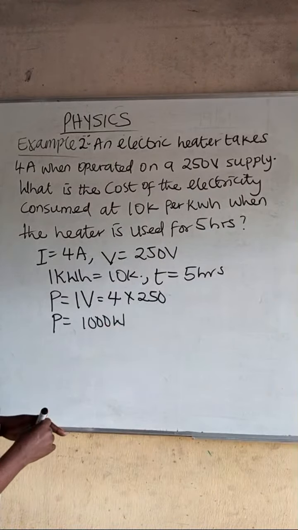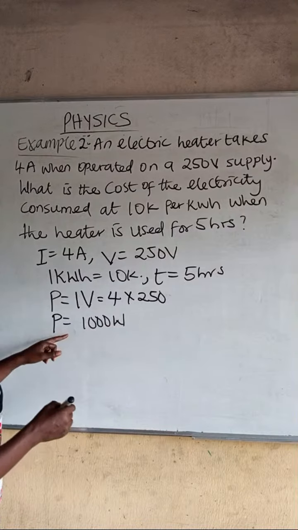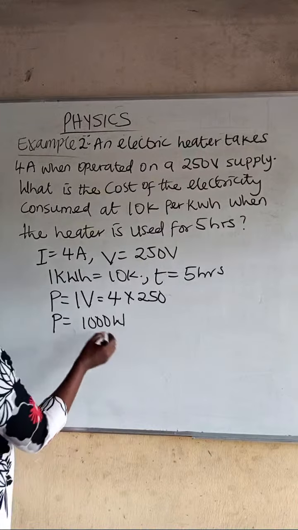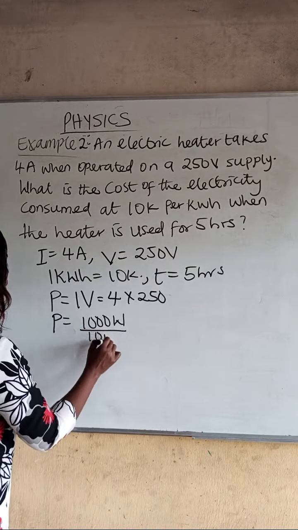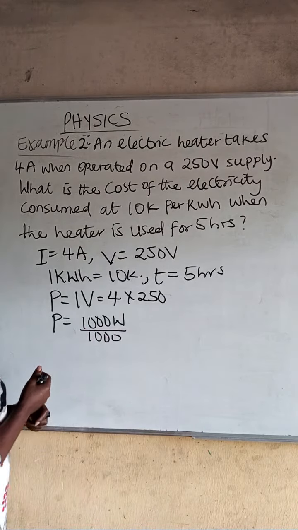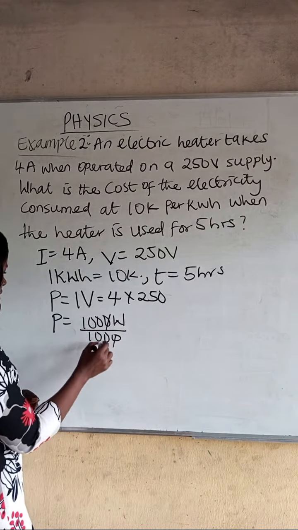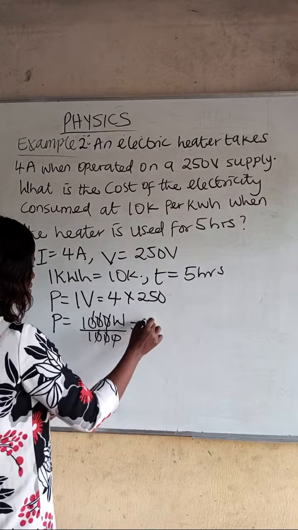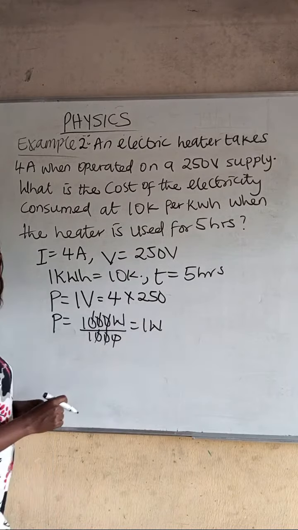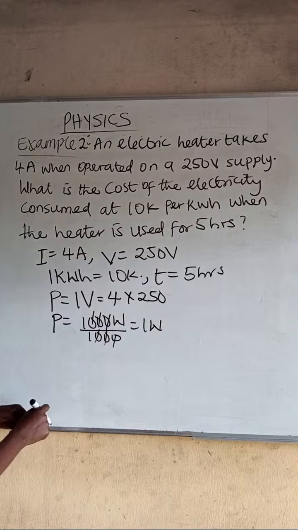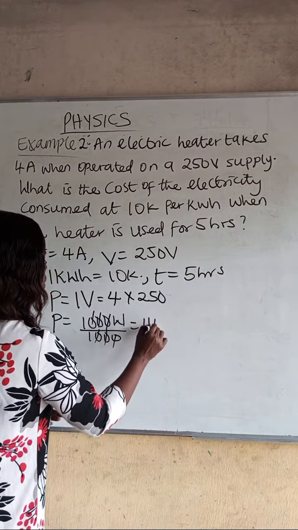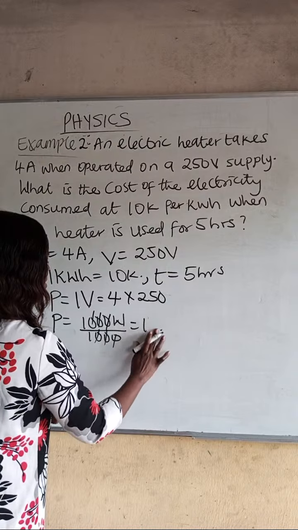Now this power, I need to convert it to kilowatts by dividing by 1000. If I divide by 1000, the zeros cancel, and it's going to give me 1 kilowatt.